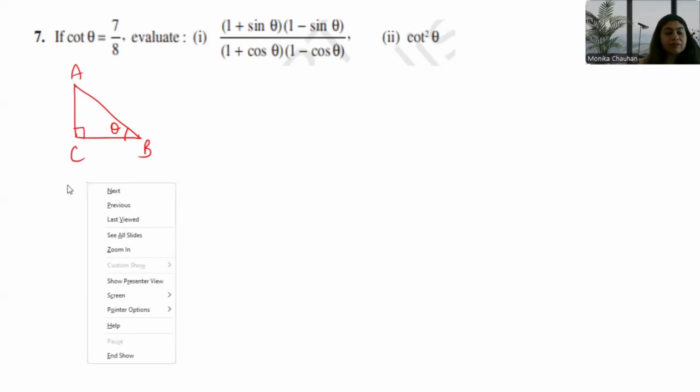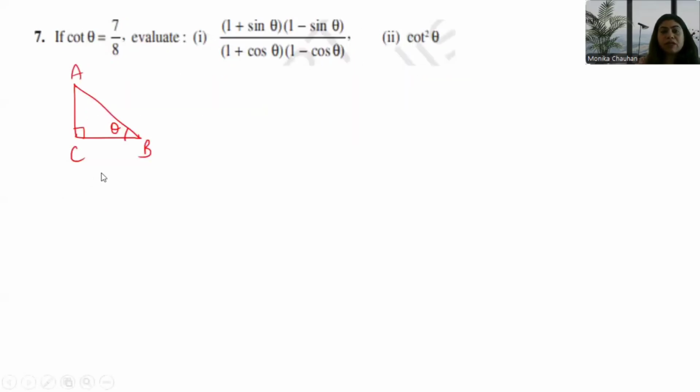What is cot theta? You have all learned that cot theta is the reciprocal of tan, which is perpendicular upon base. So this is base upon perpendicular. So here 7 upon 8.